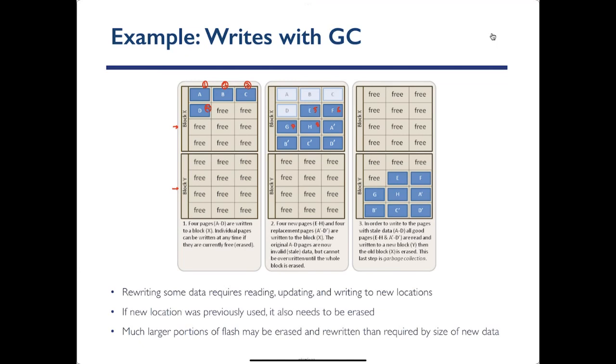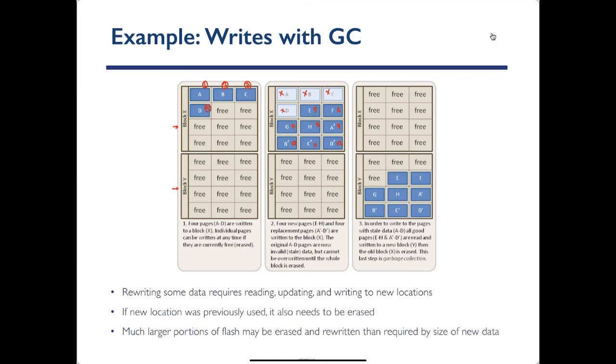So we cannot really go and update A, B, C, D. What we'll do, we'll just mark them as garbage. We say we don't need them anymore, and we write the new values in new pages because again, we can't go back and write on the same page. So we have to find free pages and then write it there.